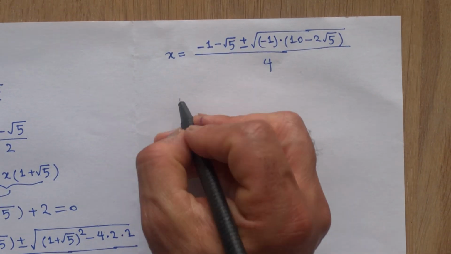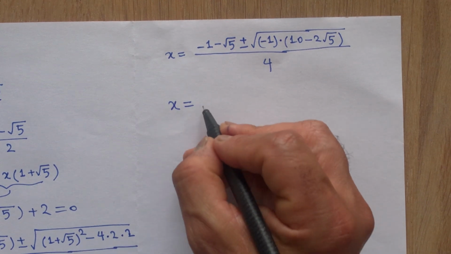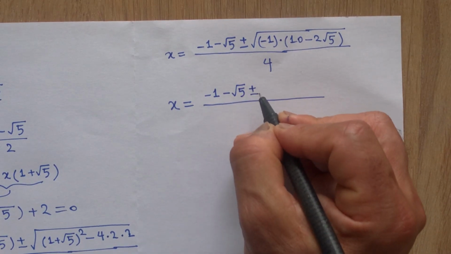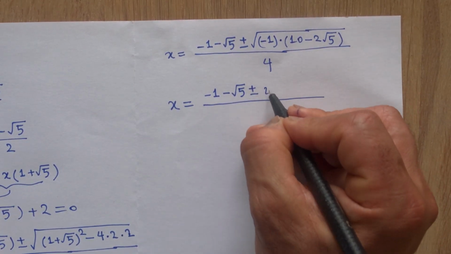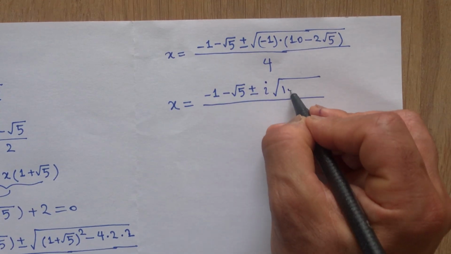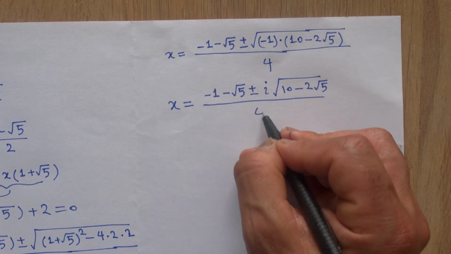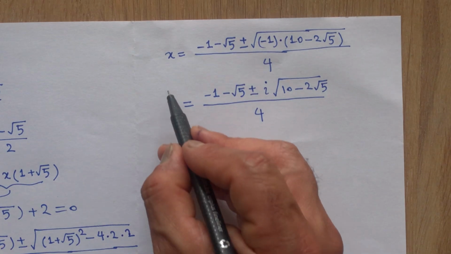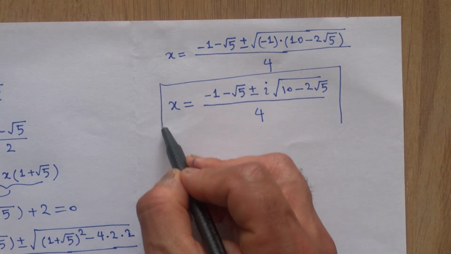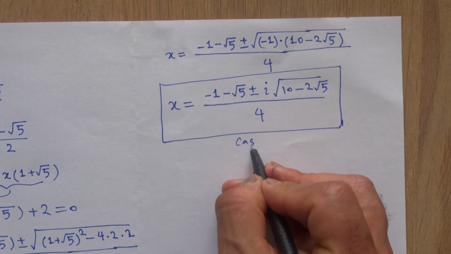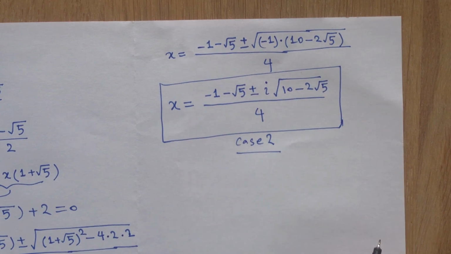Again, same procedure. X equals minus 1 minus the square root of 5 plus minus, I can take out this imaginary number, i square root of 10 minus 2 square root of 5 over 4. So I have two other roots here, two other roots for case 2, two other roots for case 1, and from the first equation I can write it here.